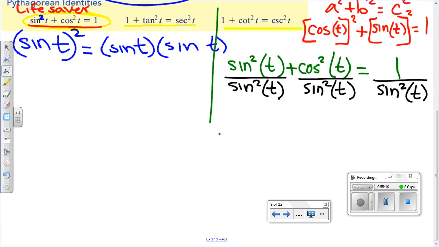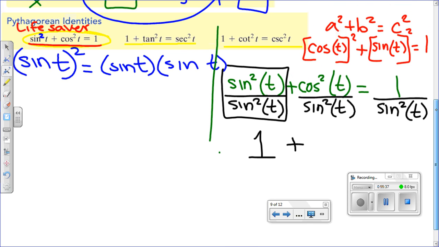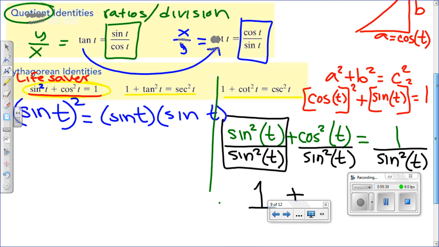Okay. Now from the first one, what do I get if I divide something by the same something? Cancel, 1 and equals 1 or 0? What if you divide 10 by 10? 1. So this is just 1. And then based on the quotient identities, what is cosine over sine?